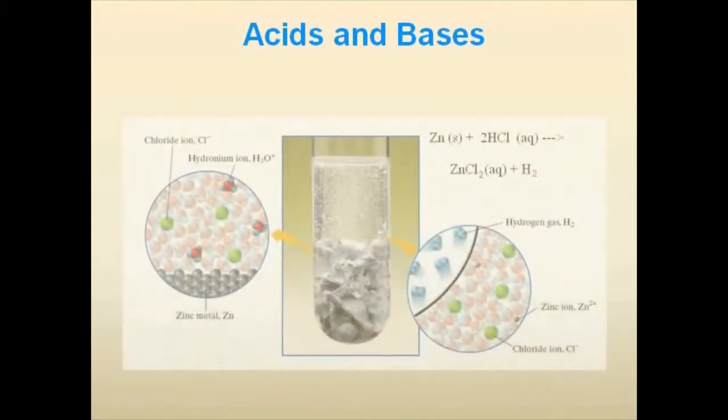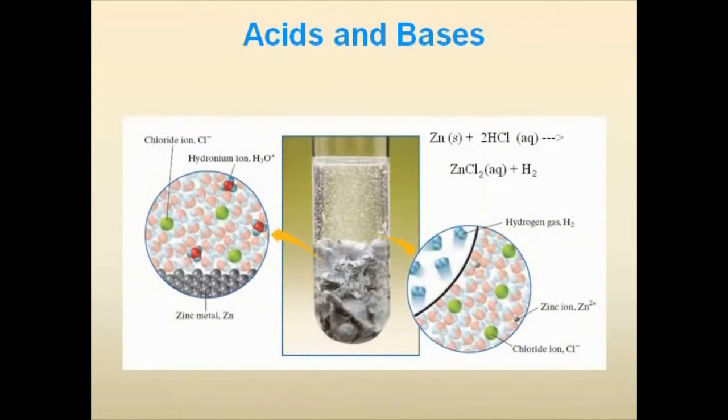Now, acids and bases have many properties. Among them are, for instance, acids will dissolve metals. Here we have an acid called hydrochloric acid reacting with zinc metal to produce zinc chloride in solution plus hydrogen gas. And we'll be looking at other properties of acids and bases.